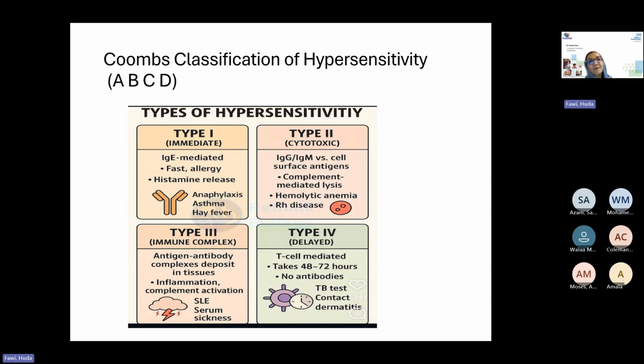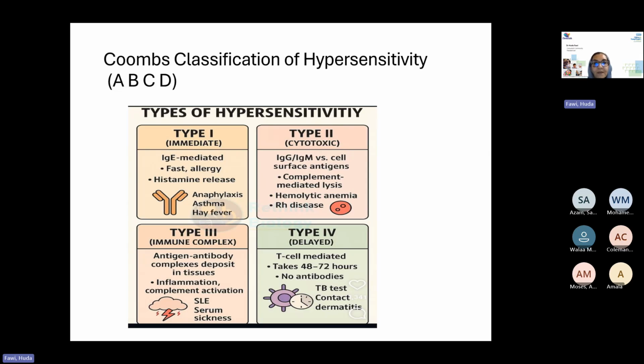I've just learned from Instagram just lately the acronym of ABCD. So type 1 is a fast IgE-mediated reaction. It's fast, it's due to histamine release. The presentations are allergy, anaphylaxis, asthma, allergic rhinitis.